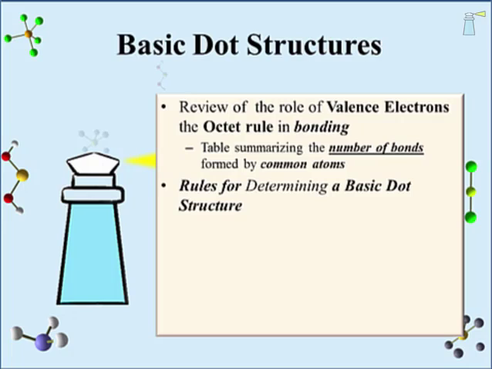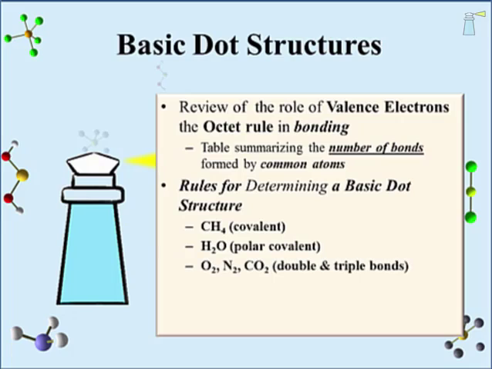We will build 6 dot structures in this lecture that cover the basic features found in dot structures. The first structure is methane, CH4. It is a basic covalent compound. Followed by water, which is a polar covalent compound. Double and triple bonded compounds are explored with O2, N2, and CO2.